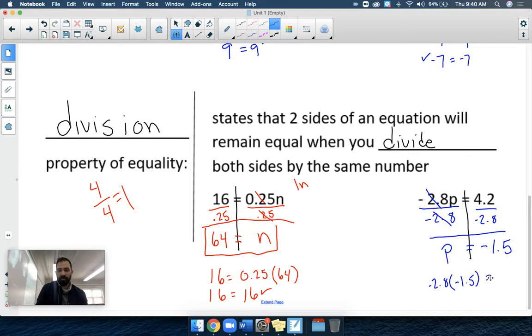We want to know, does that equal 4.2? You can bust out your calculator if you want. A negative times a negative is a positive, so we're on the right path. I will tell you that it does indeed equal 4.2. So you know that your answer of p equals negative 1.5 is the right answer.